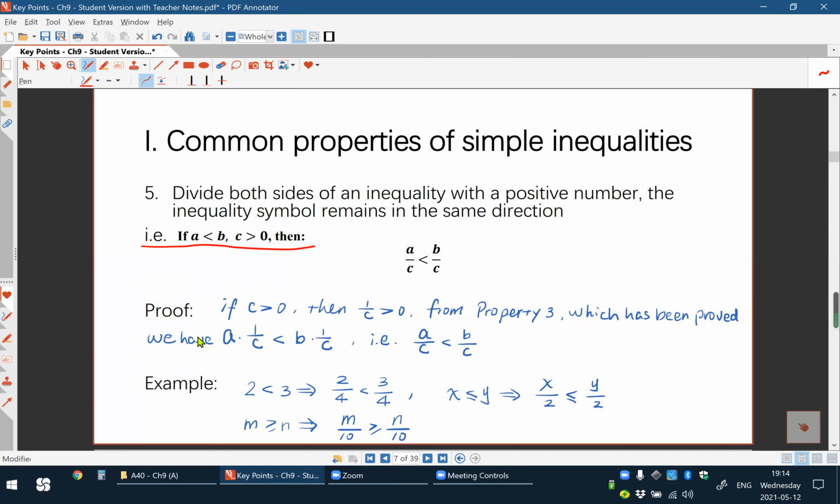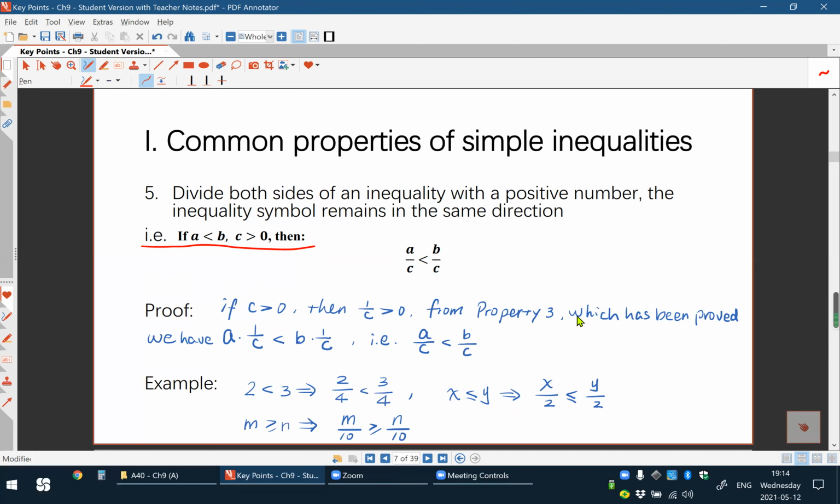Okay, how do we prove this? The method is the same as we used in property 3. If we know that C is a positive number, then the reciprocal of C, which is 1 over C, is also a positive number, right?